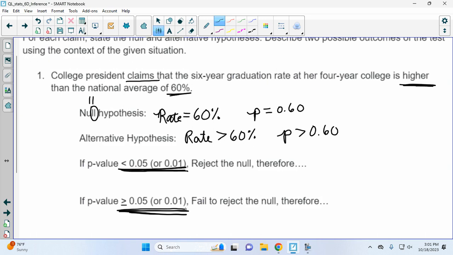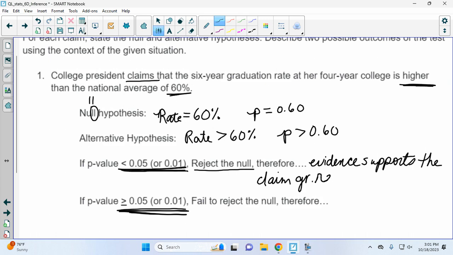Once I've decided that, if my p-value is less than that, we reject the null hypothesis, which means we're rejecting the fact that they're equal. Therefore, evidence supports the claim that the graduation rate is higher than 60%. That's a short way of saying it.